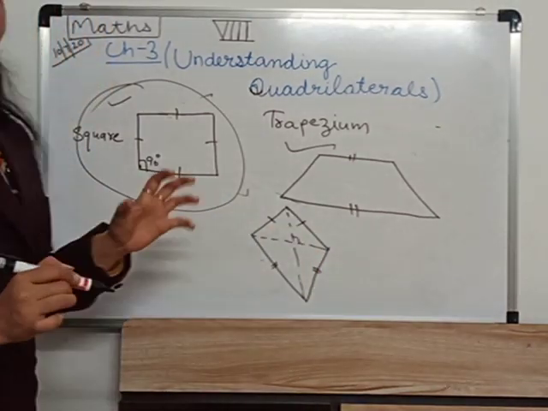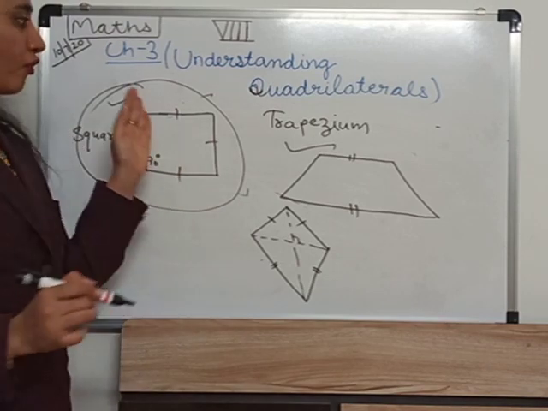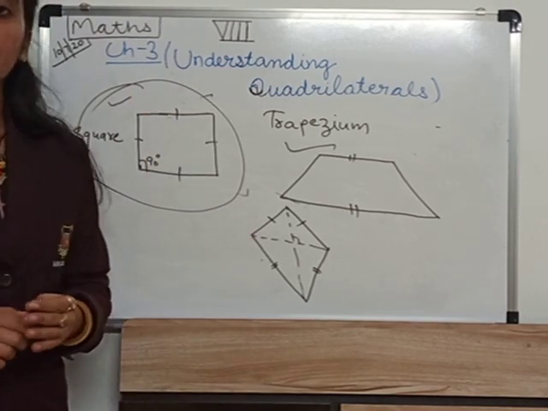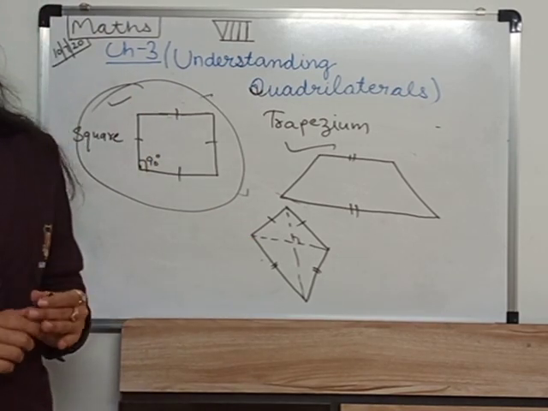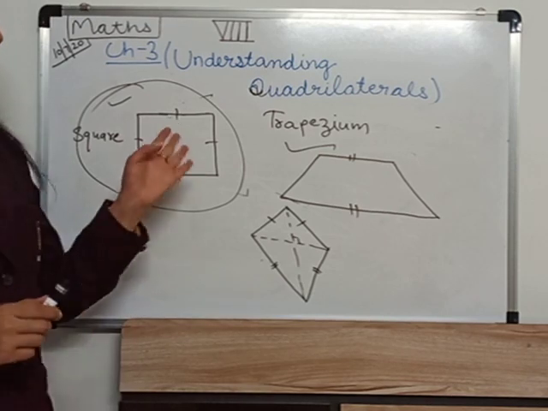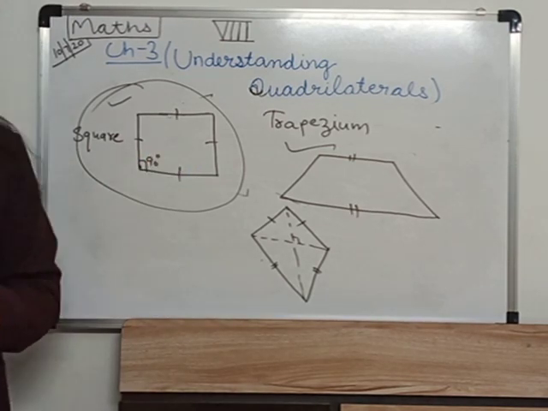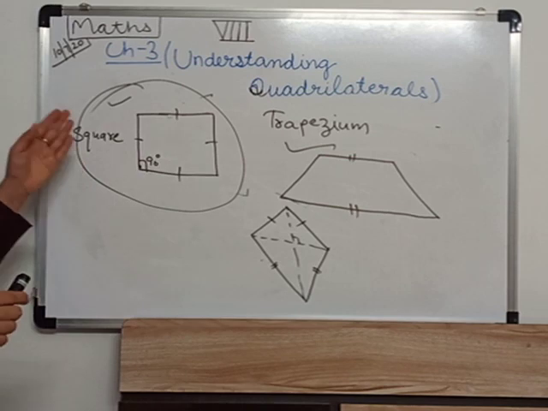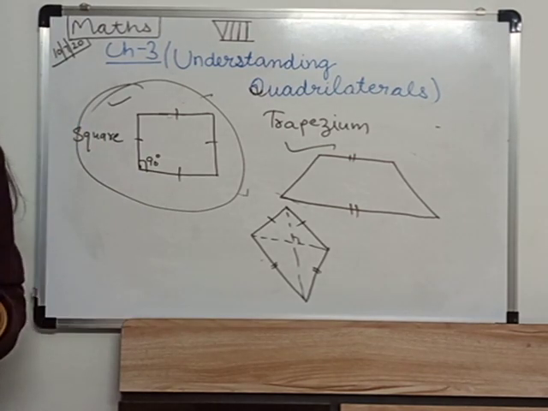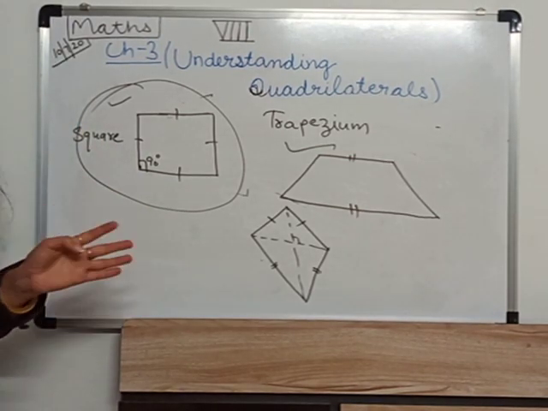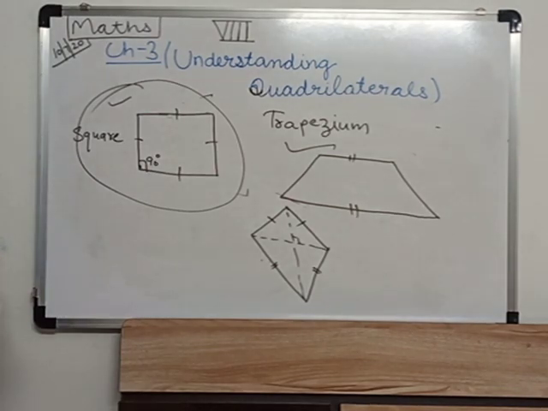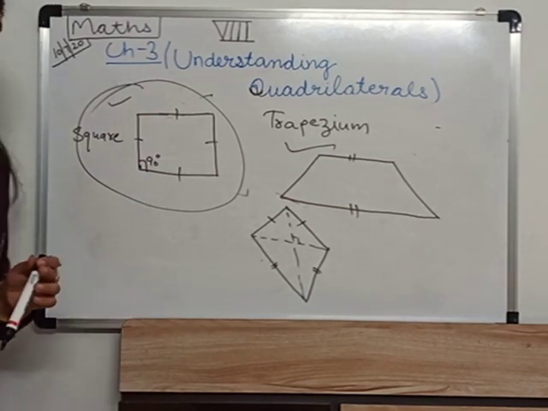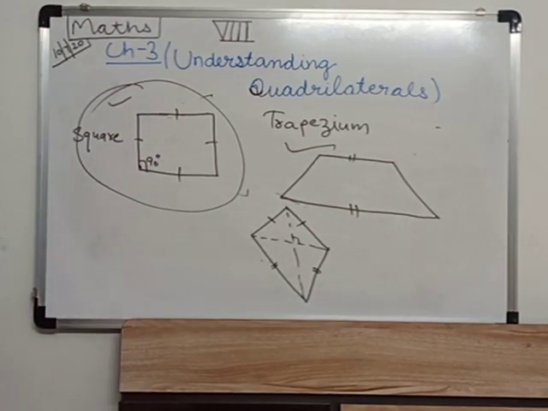These are some general properties of some types of quadrilateral. Most of you know this because you have learned this in your previous class, about rectangle, square, parallelogram, rhombus, kite and trapezium.